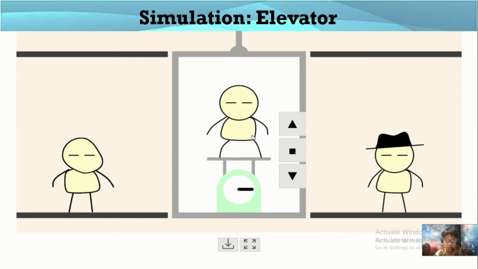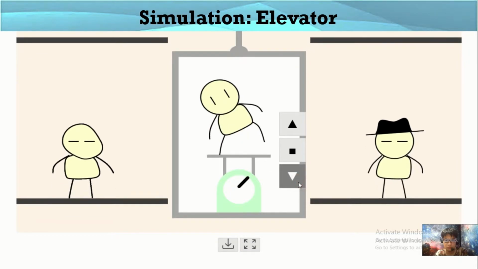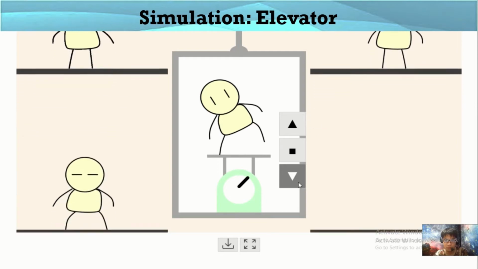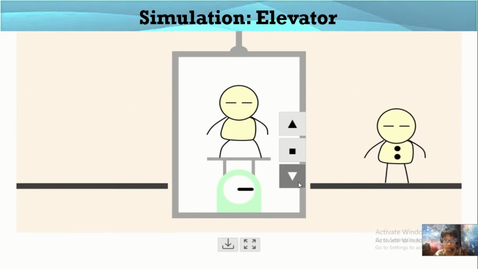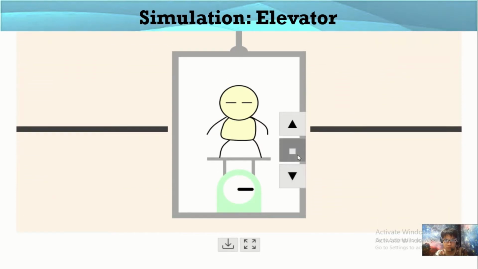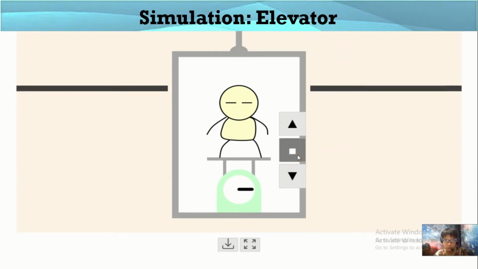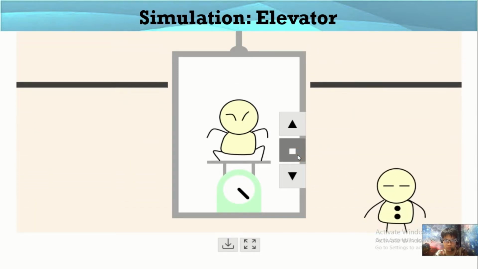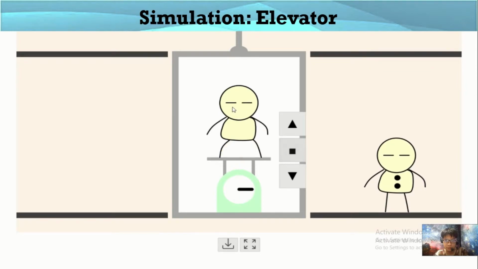Now, let's try to observe the body when the elevator is going downward. Okay? And then, as you could see, the elevator is moving down and then suddenly the elevator stops. Okay. So, the similar thing happens to the body inside the elevator.